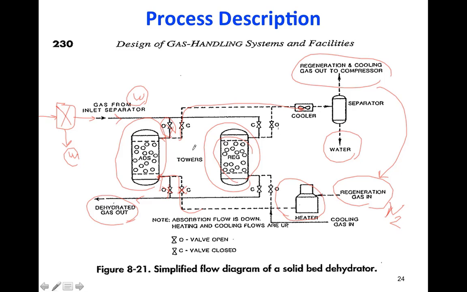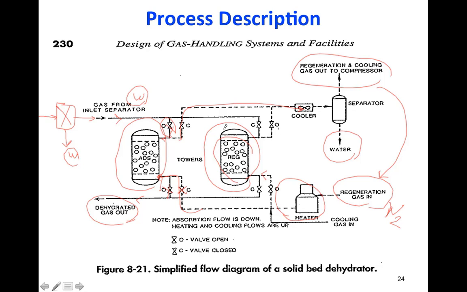This column works for a few hours, and by that time the other column is saturated, because we sent natural gas here while we were regenerating the other one. So now we again use the dry gas here to regenerate this column. It is the same process as before. By the time this one is activated, the other will be saturated, and then we switch to this one.